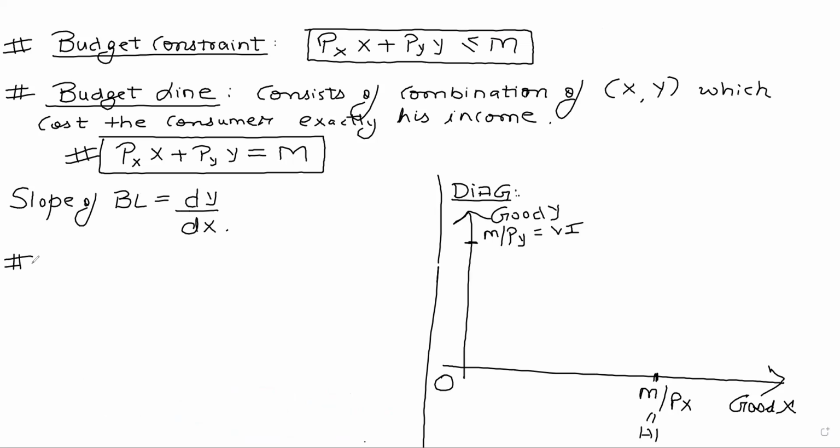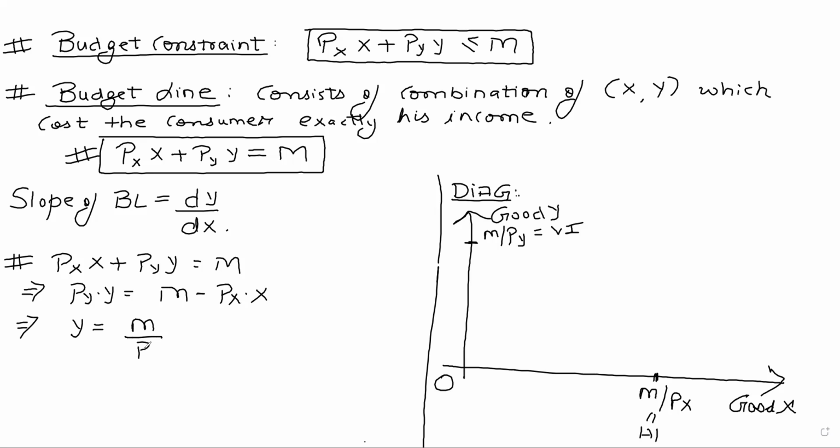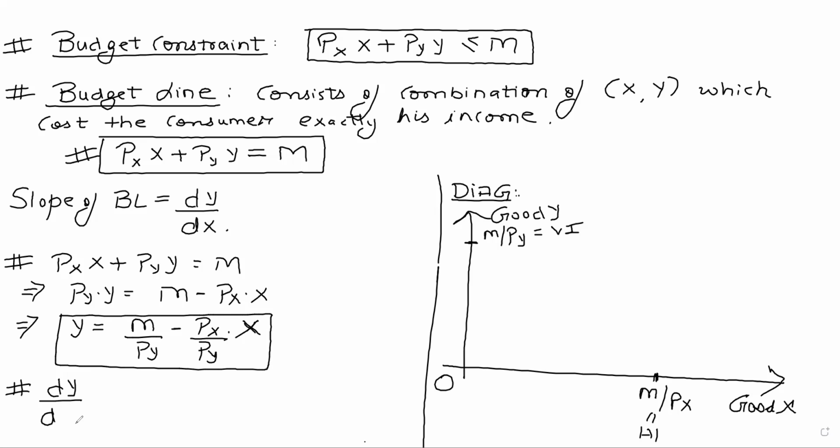So we are given px into x plus py into y equal to m. So this implies py into y is equal to m minus px into x. This implies y is m upon py minus px by py times x. Now guys, this is the equation. We have written y in terms of x. Let's work out dy by dx.